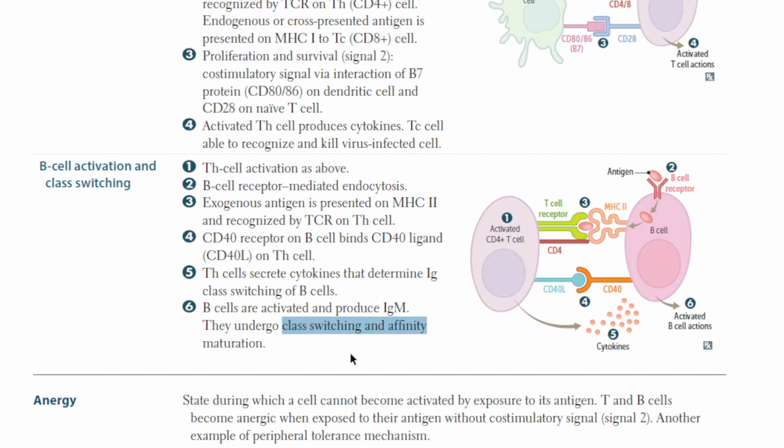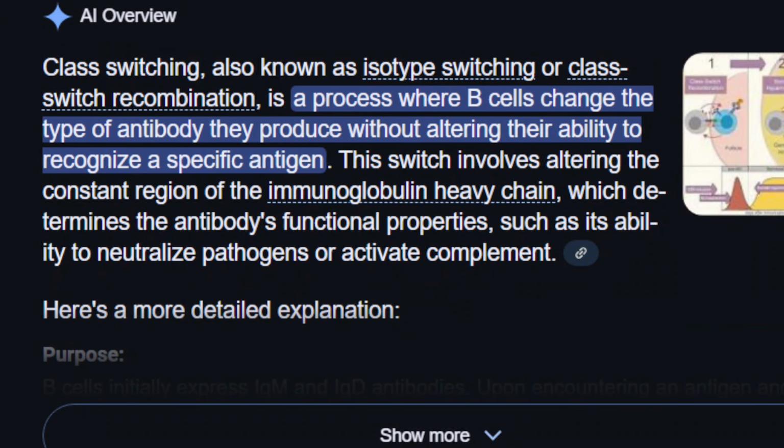Class switching, also known as isotype switching or class switch recombination, is a process where B cells change the type of antibody they produce without altering their ability to recognize a specific antigen. This switching involves altering the constant region of the immunoglobulin heavy chain, which determines the antibody's functional properties, such as its ability to neutralize pathogens and activate complement.